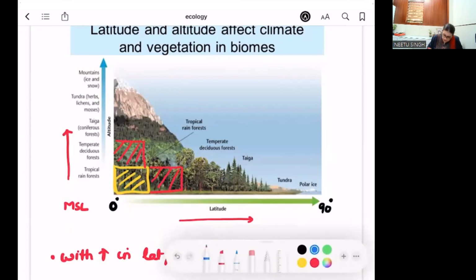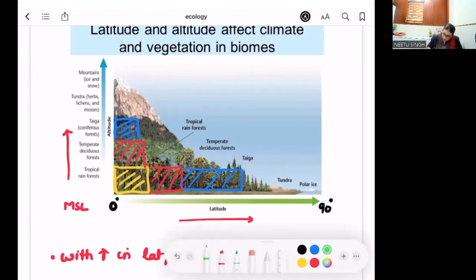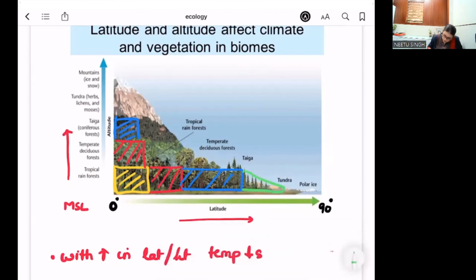In comparison, I am now taiga forest. This is my shade, and here also I have demarcated taiga forest. And finally, I become the tundra vegetation. So the green color is what I have used, and I am demarcating it here also.